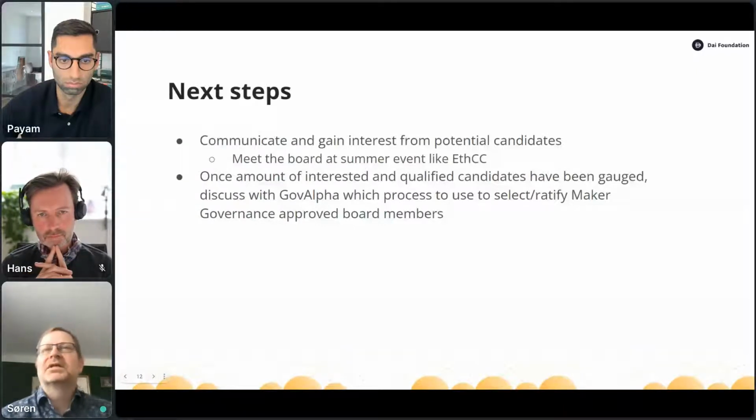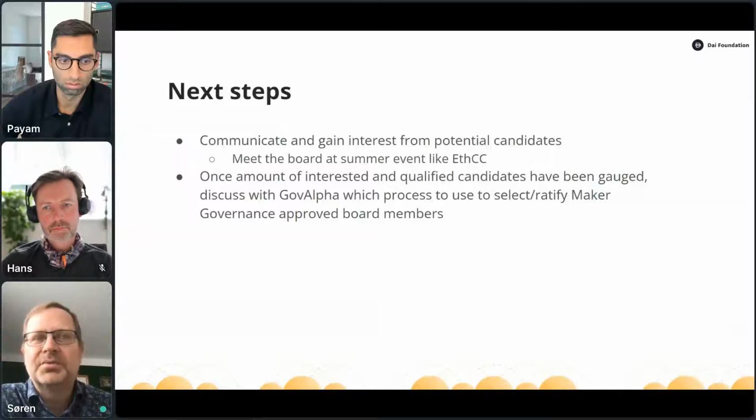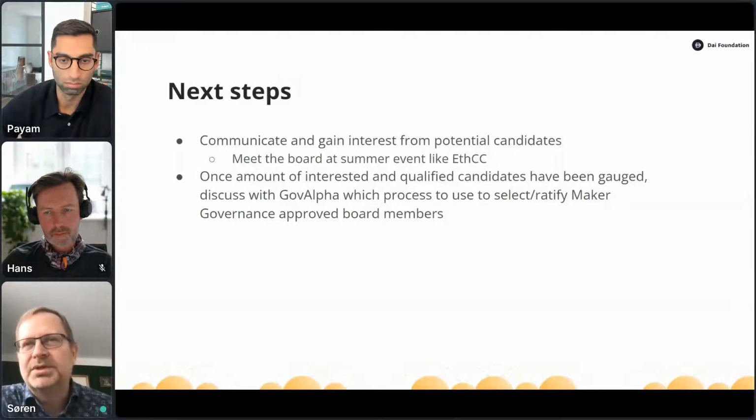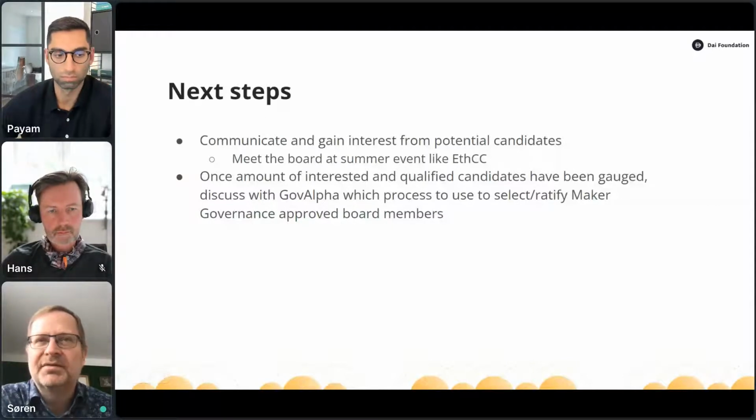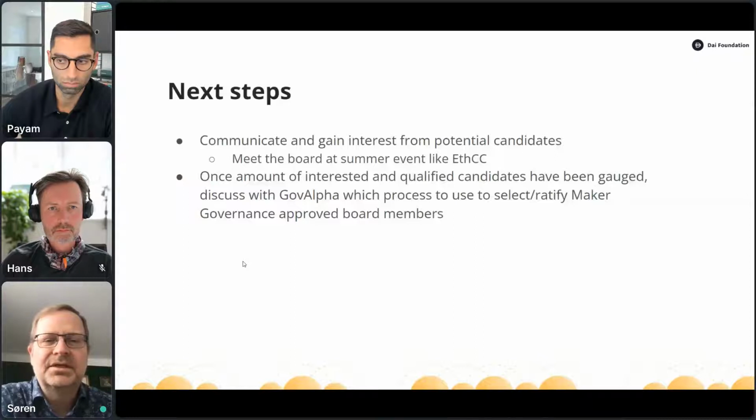If it's just what we need, then it could perhaps be some kind of ratification process. Two of the board members on the Dai Foundation board have to be Maker Governance appointed, and in that sense there needs to be some measure of Maker Governance, either selection or ratification.